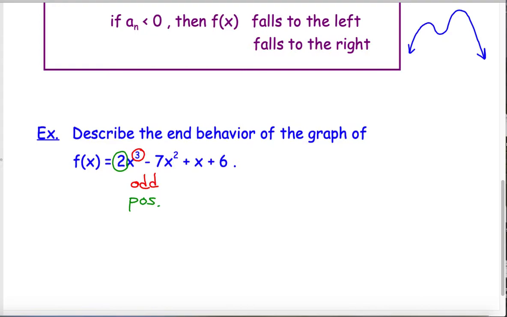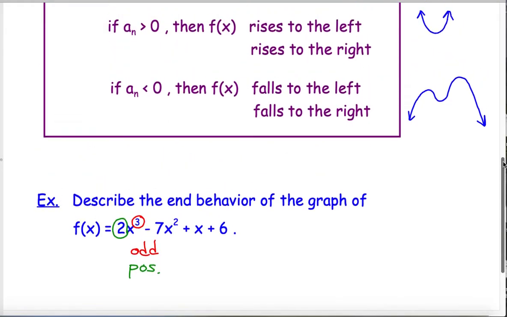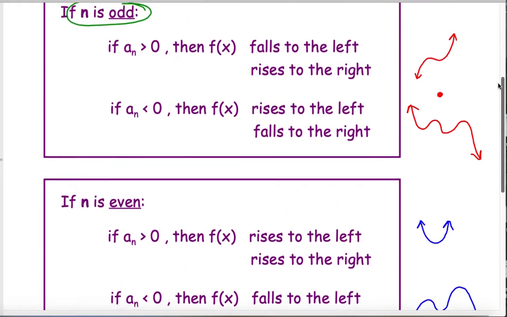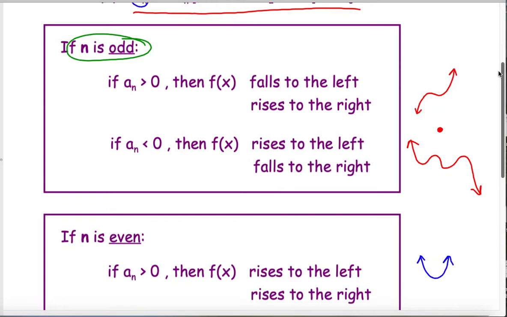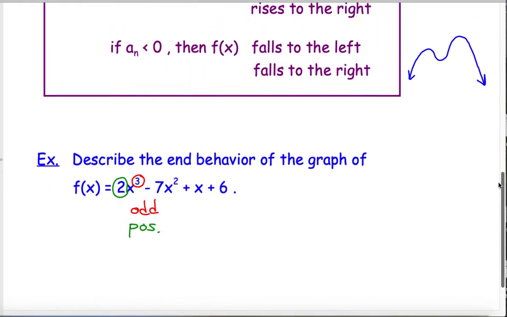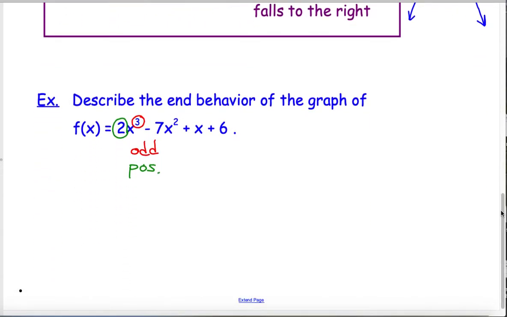So you can look at the chart if you need to. We have odd and positive, that's the first case: falls to the left, rises to the right. And so that's our answer. Falls to the left, rises to the right.